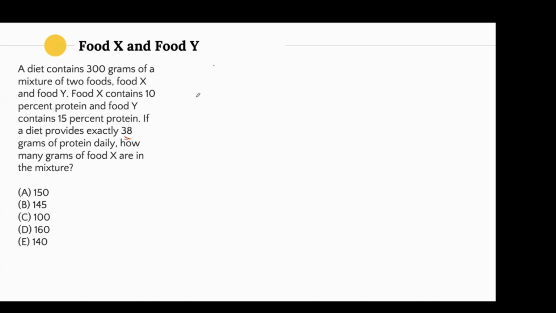Or I look at the middle as 38 grams in 300 grams. And then for food X, 10% means 30 grams in 300 grams. For food Y, 15% means 45 grams in 300 grams. And now I have to figure out how much X is there, how much Y is there. Does this make sense, Abhinav, that instead of just converting everything into percentages, I can keep everything at per 300 also? They're all proportional. Yes, correct.